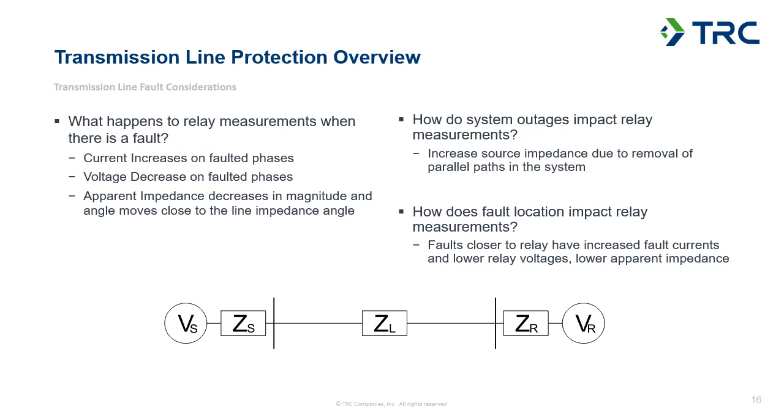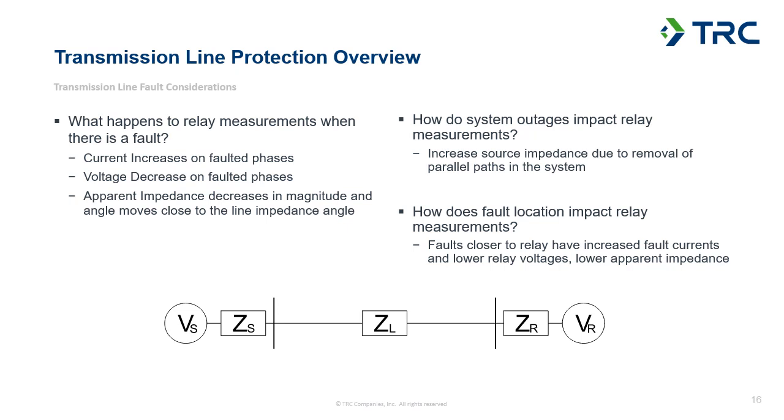From that, we've got measurements of phase currents and phase voltages. From there, we can calculate our sequence currents and sequence voltages if we want to monitor zero sequence, negative sequence, or positive sequence independently. We can also calculate the impedance that the relay is seeing, the apparent impedance at the relay location. And all of those are both magnitude and angles in relation to one another.